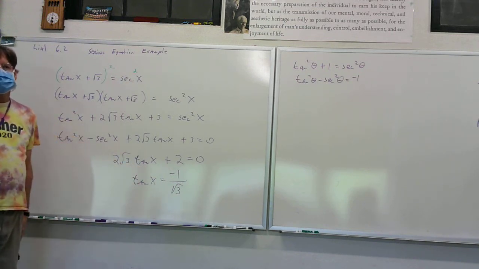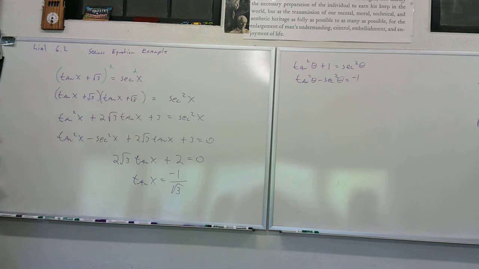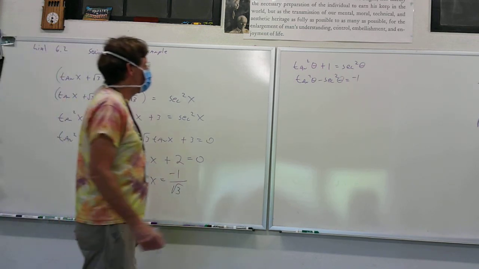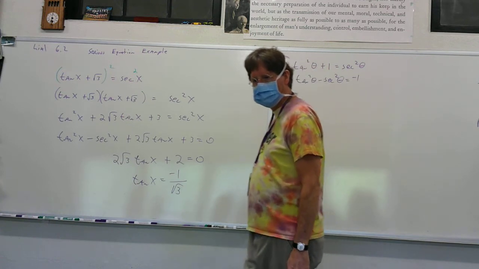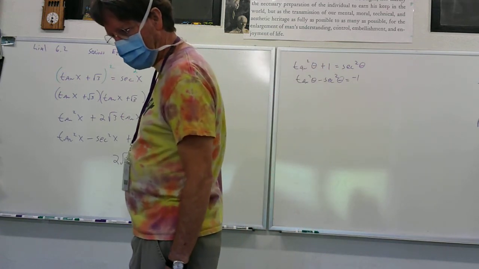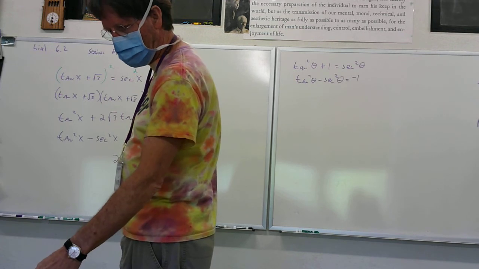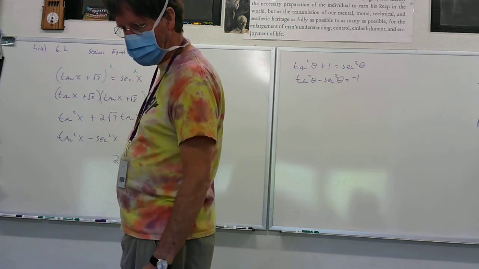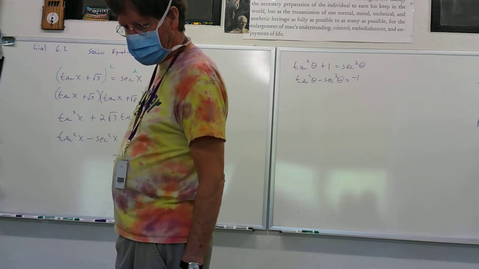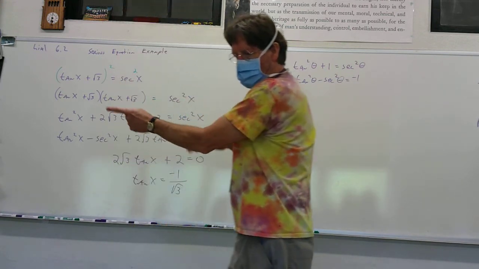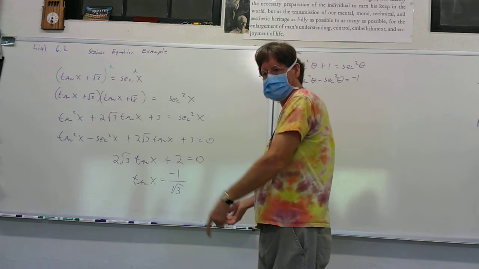Tangent x. To be honest, on the other one, did I have a situation where I had like 1 minus cosine x over sine or something like that when I showed you how to work it and it didn't work? Did you write down all the notes when I showed you how to work it and it didn't work, or were you smart enough to not write all that down? When I was showing you the long way and it never worked out, did you write all that down?